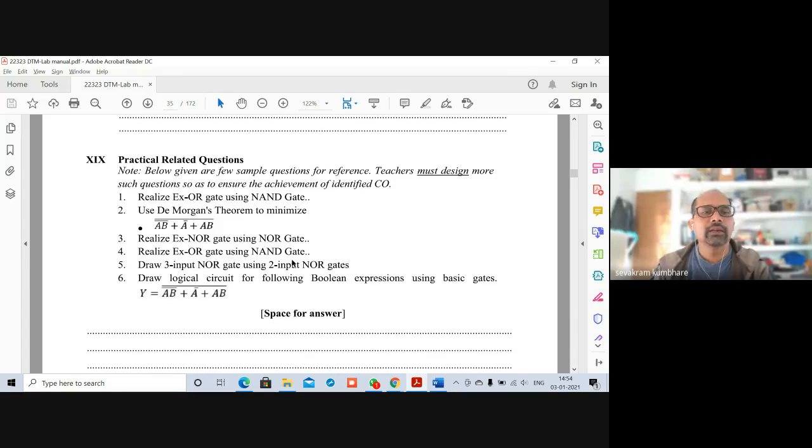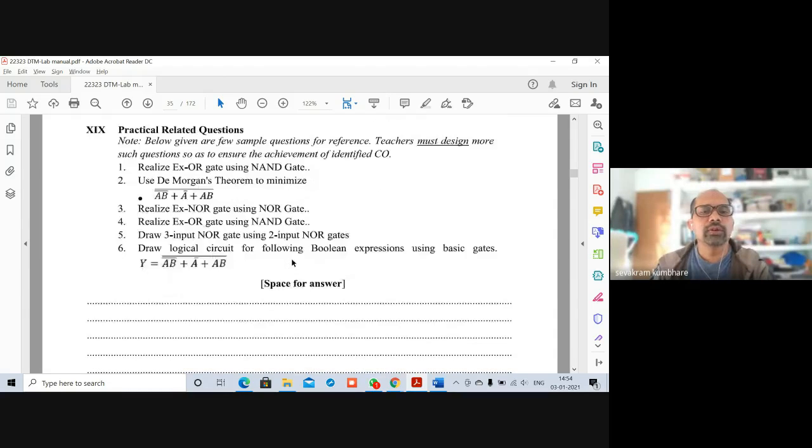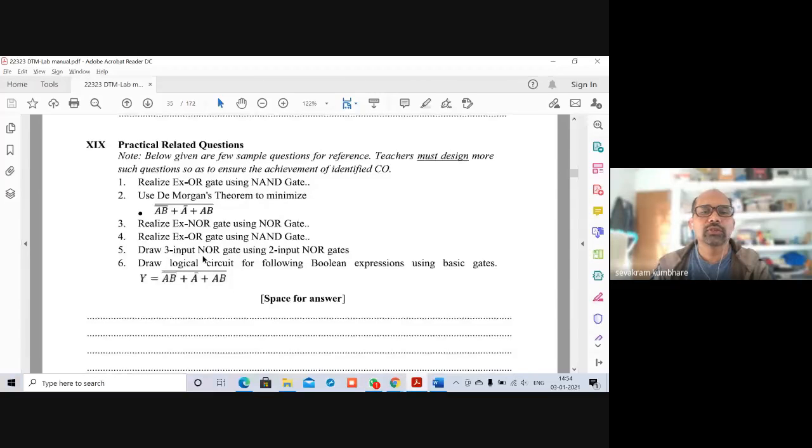Then 5. Draw 3 input NOR gate using 2 input NOR gate. This also you can get on the net as well as in the books. So just check out. Then draw logical circuit for following Boolean expression using basic gates. What you have to do, you have to simplify this first. After simplification, whatever simplified version you will get, that you have to implement using basic gates, that is AND, OR, NOT.